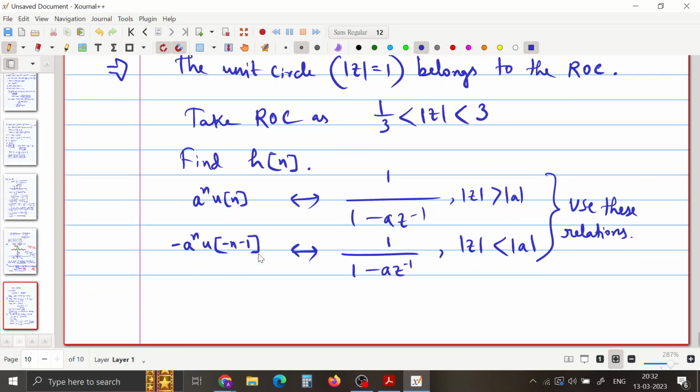So in the impulse response you will have two terms, one of the form a power n u of n, the causal part, and another of the form minus a power n u of minus n minus 1, which is the anti-causal one. So just solve that and find h of n.